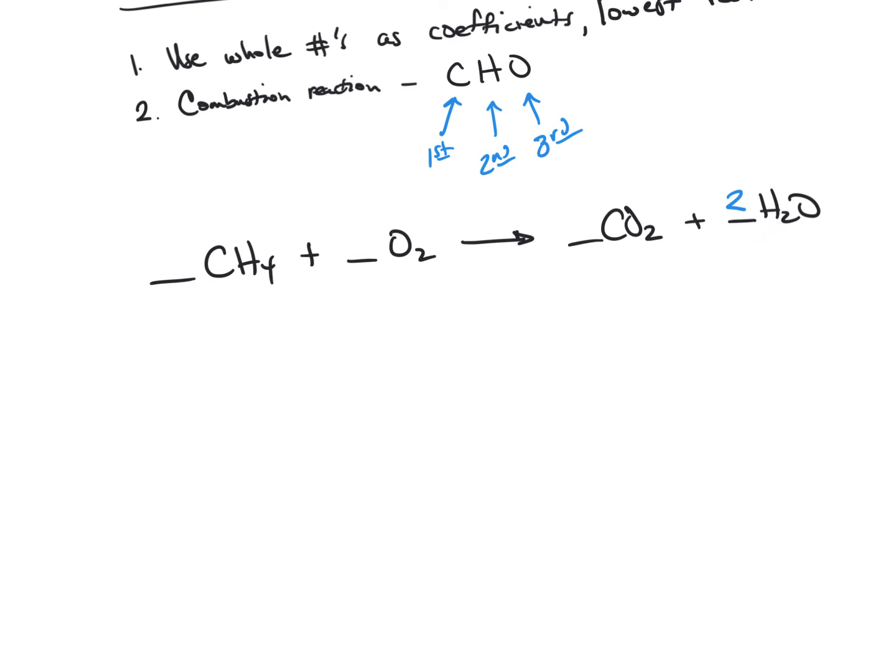And oxygen always goes last. We have oxygens on this side, there's 2 there, and over here we have 2 oxygens as well, and then we have some more here. Sometimes I like to write the oxygens down just to keep track of them. There's going to be 2 in the carbon dioxide. Right here, this 2 is going to multiply through to the hydrogen.